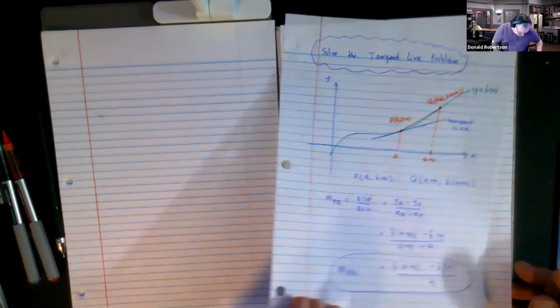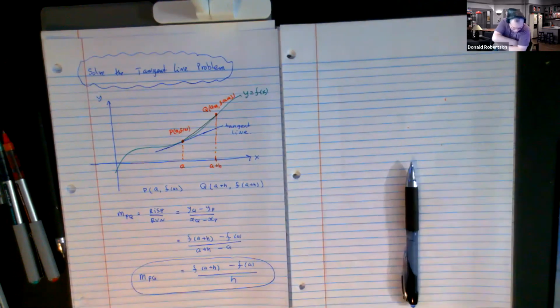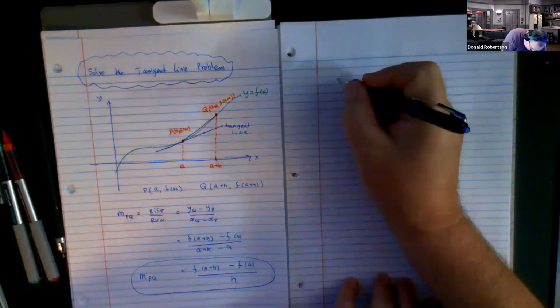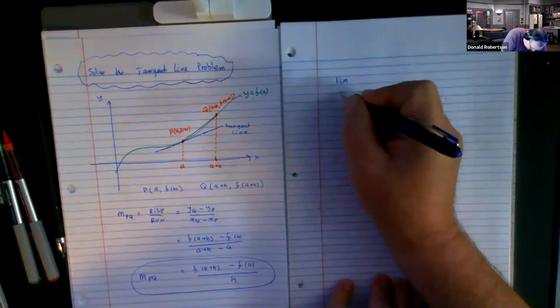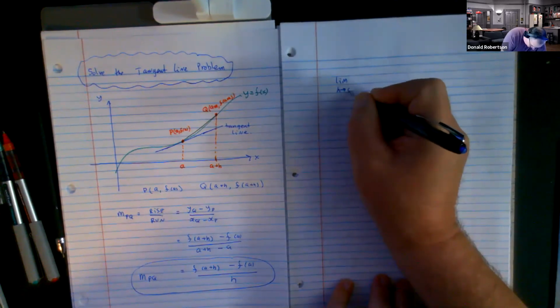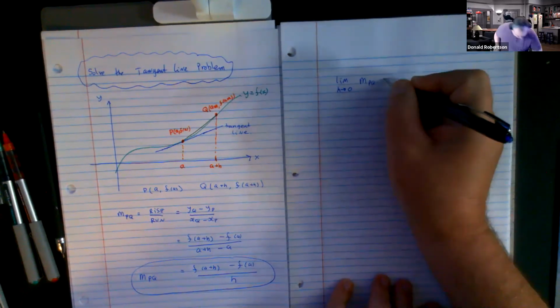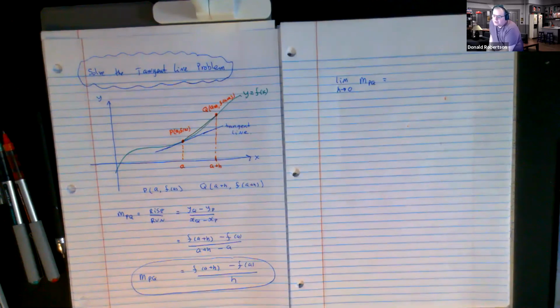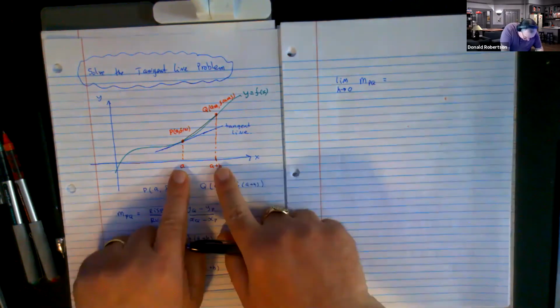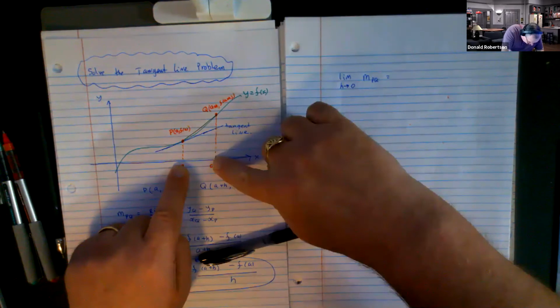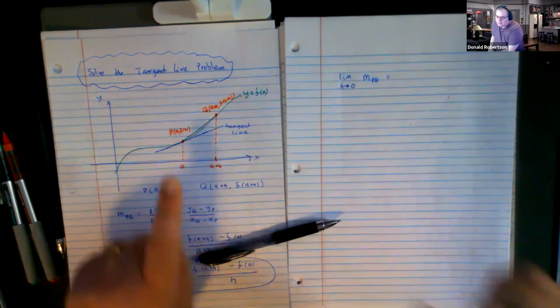Now, what will happen if I find the limit as h tends to 0 of the slope of the line joining P to Q? Won't that become the tangent line? If h starts getting closer and closer to P, and how does that happen?